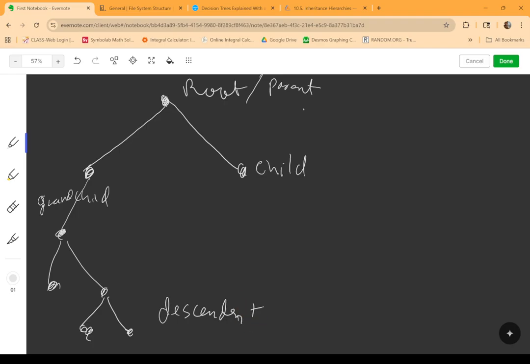And a descendant just means that there is a path to the root.